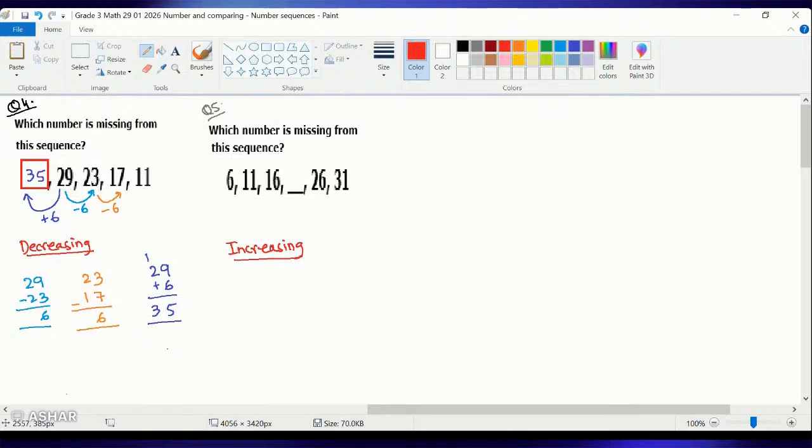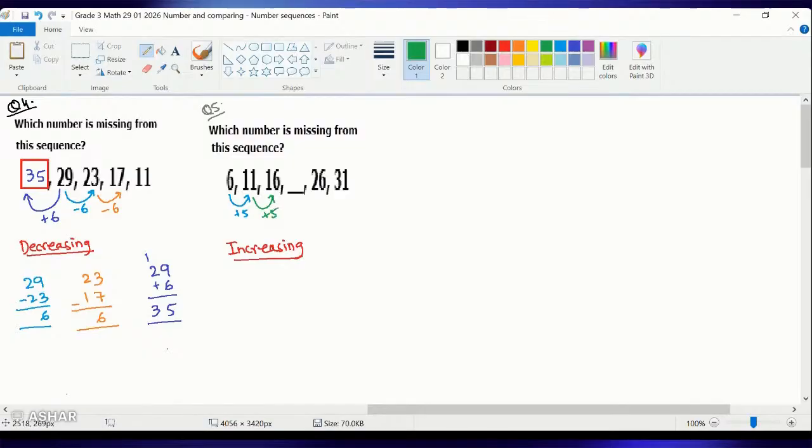So what is the missing number? Yes, the answer is correct. See, in this case, 6 would add 5 to make it 11. 11 plus 5 is 16.